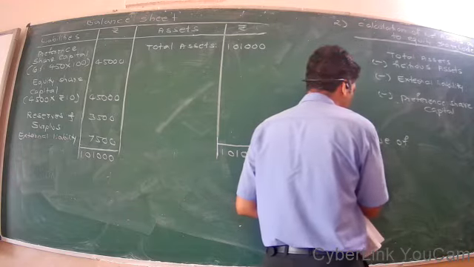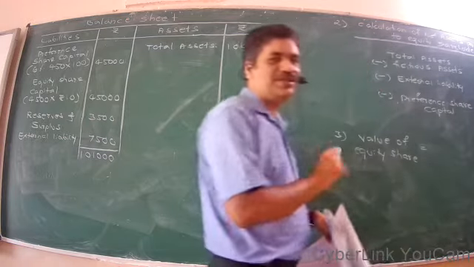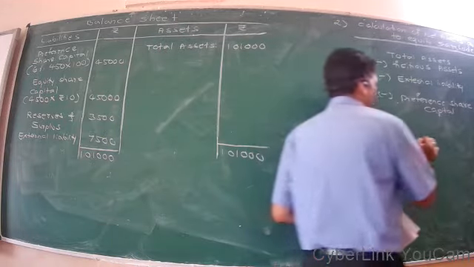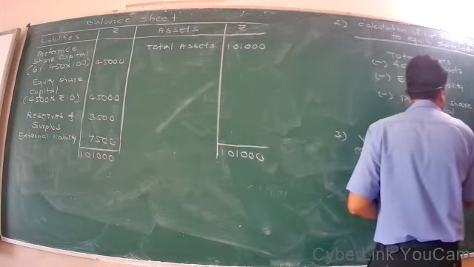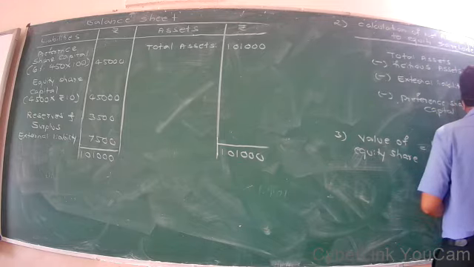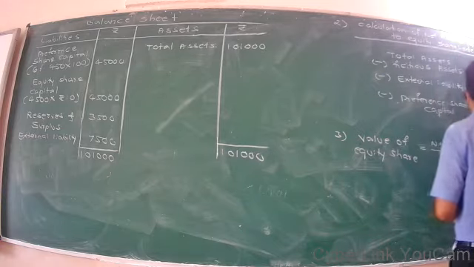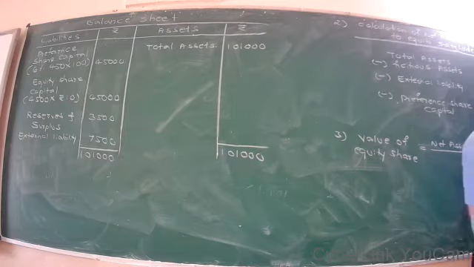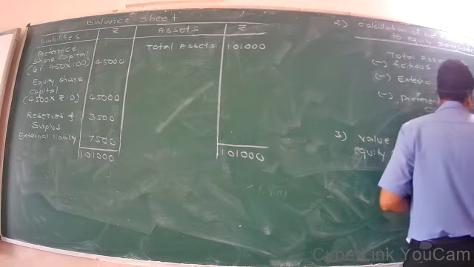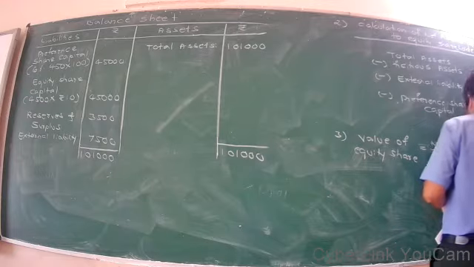The value of equity share as per the net asset method is equal to net assets available for equity shareholders divided by the number of equity shares.